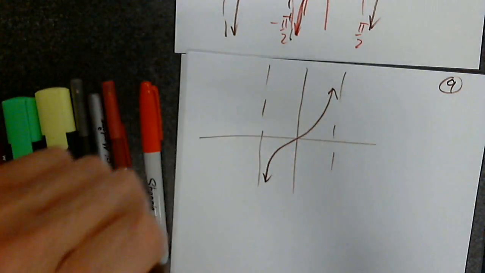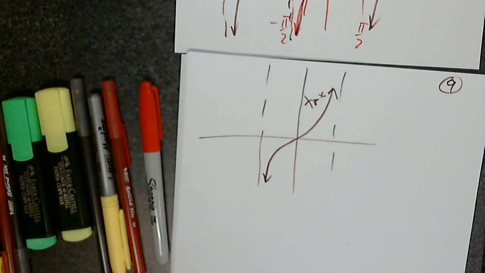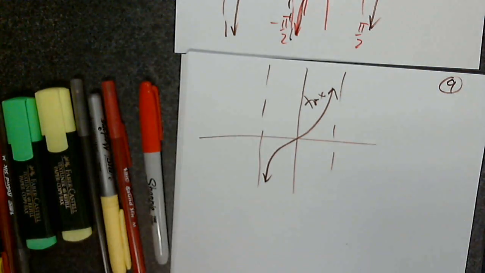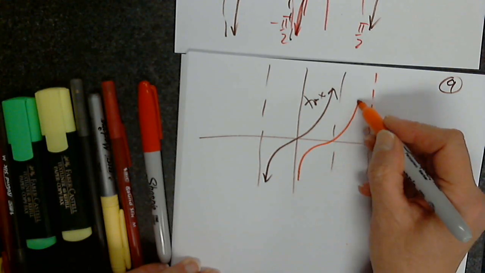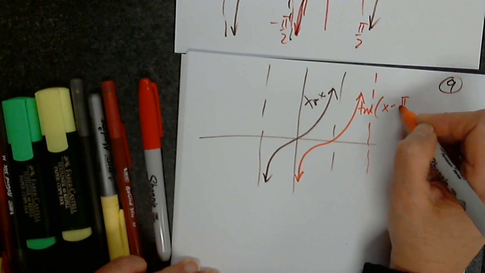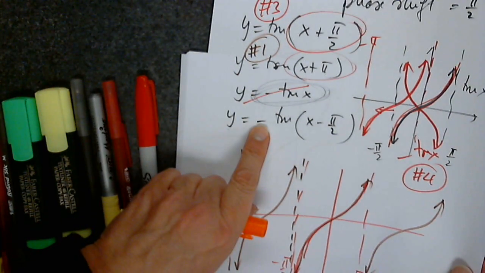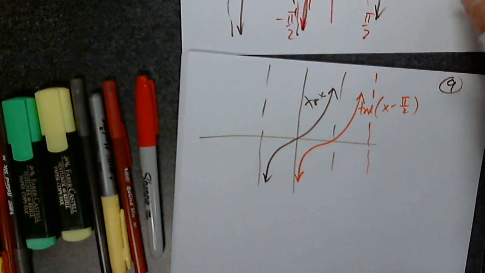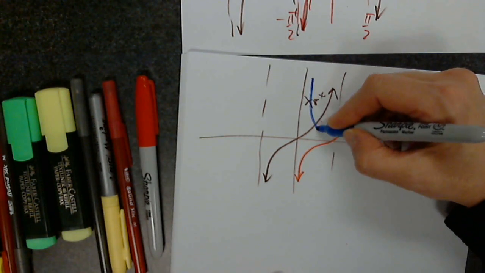The new graph shifts pi over 2 to the right. So this is tangent x minus pi over 2. In addition, I have a minus in front. What do I do now to the orange graph? Flip it. So it's this graph.